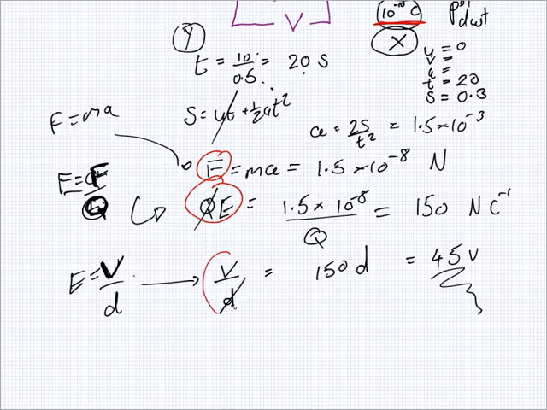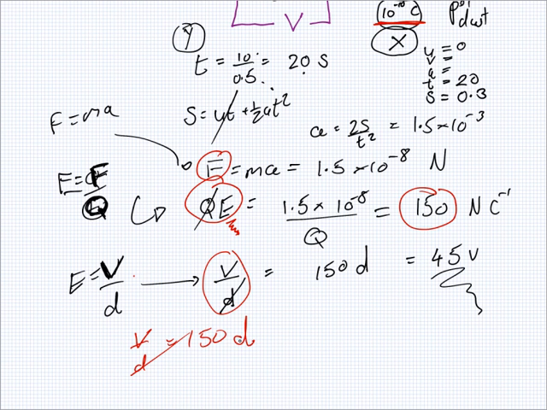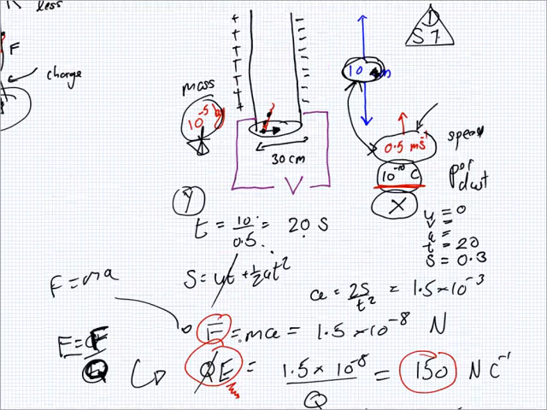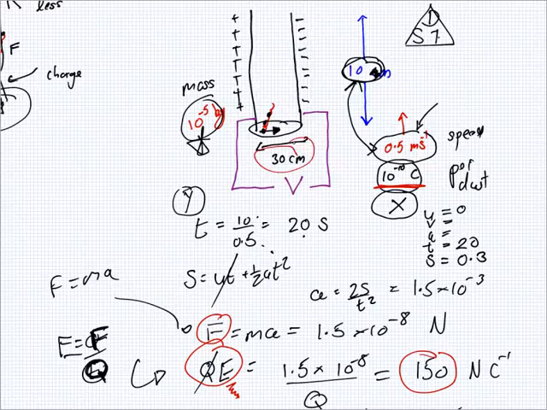So V over D is 150, because previously we got the E. V over D is 150, so V is 150D. Yeah, V over D is 150, so V is 150D. And D is 30 centimeters, 0.3.